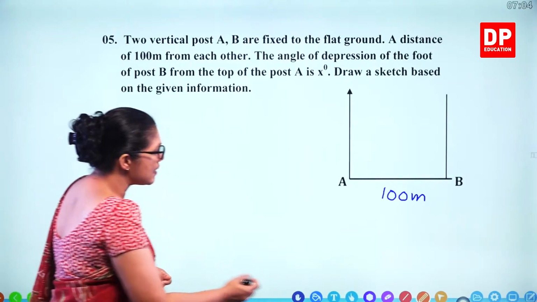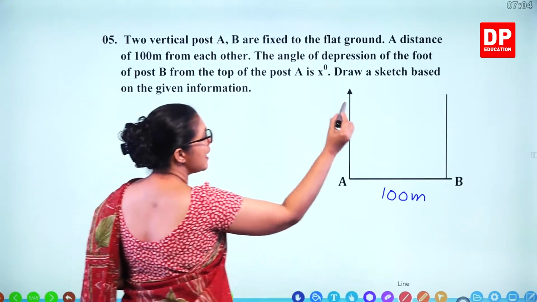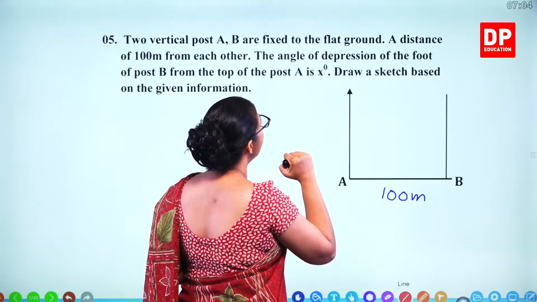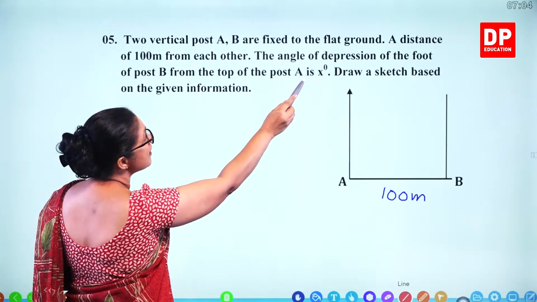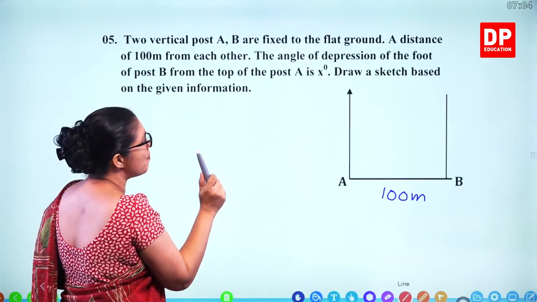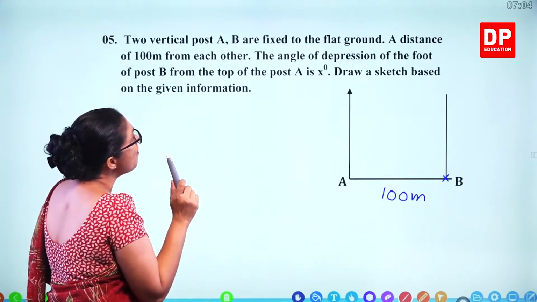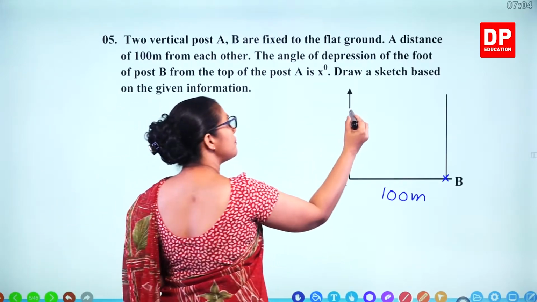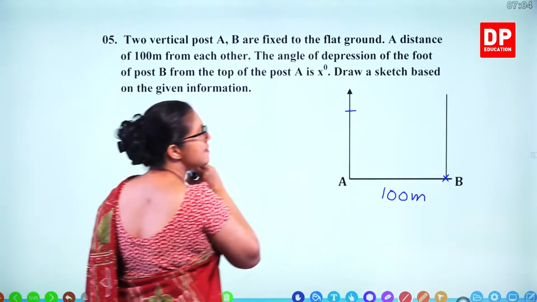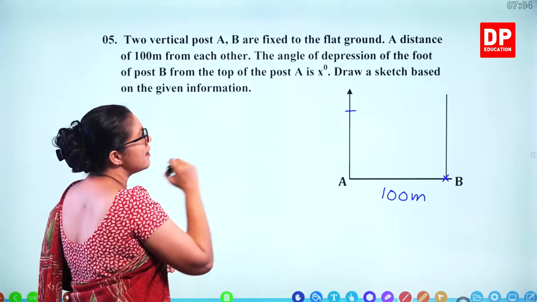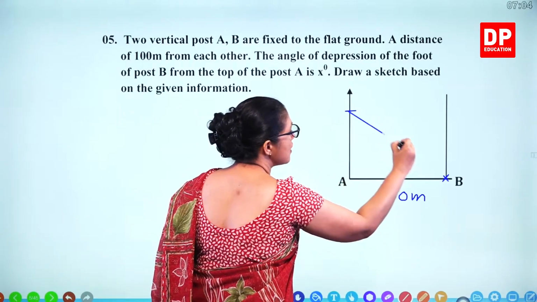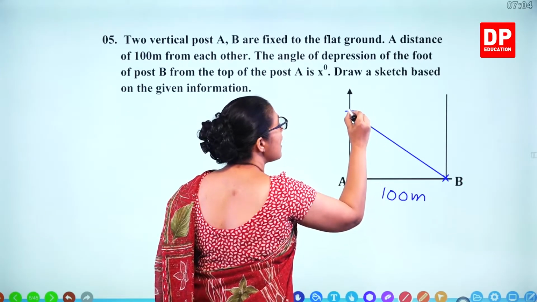So from A, it says the angle of depression of the foot of the post B. So this is the foot and this is the top of the post A. So the angle of depression is x degrees.